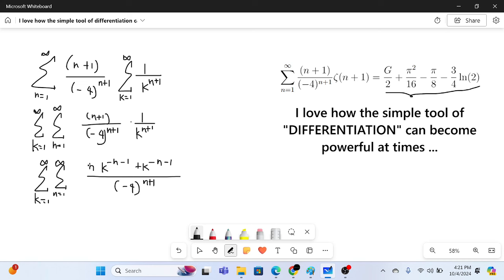Minus n will come if there was k to the power minus n: the derivative will be minus n times k to the power minus n minus 1, right? So instead, since this power is also n plus 1, what I can do is remove the minus 1 to the power n plus 1 from here and add it to these terms.